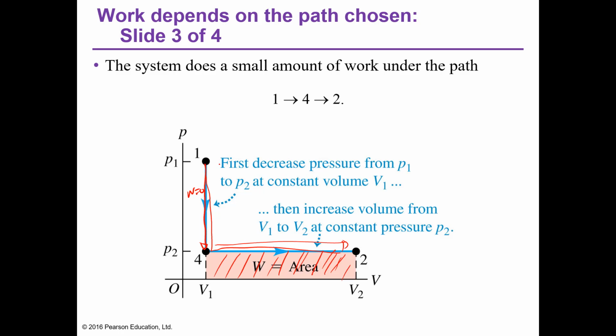Although same ra mo ang goal. Ang goal nimo is you're changing your state from state 1 to state 2. Same ra imong goal, pero lahi nga path imong gigamit, so lahi ang work na imong makuha. Okay, take note of that.